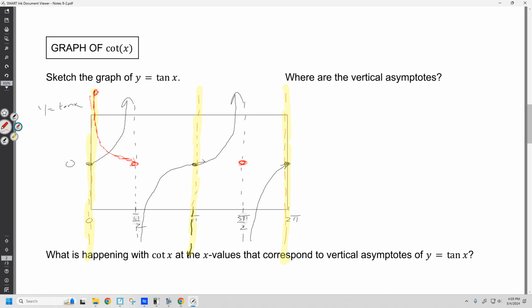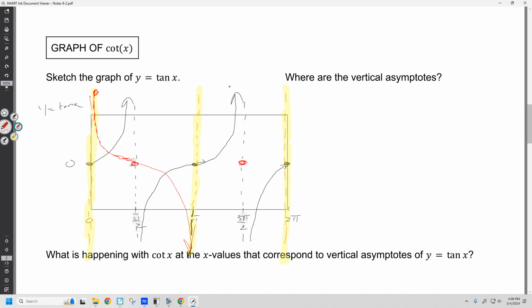Okay, what about between here and here? What's it going to look like? Large negative number, reciprocal, very small, close to 0, negative number. Small, close to 0, negative number goes to a very large negative number.